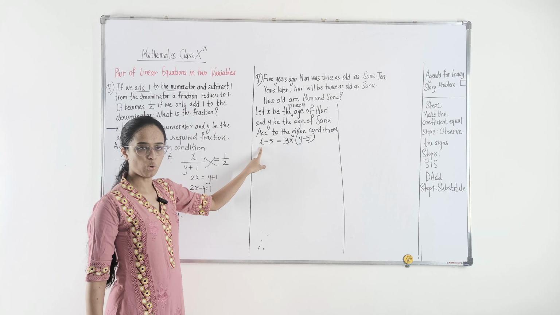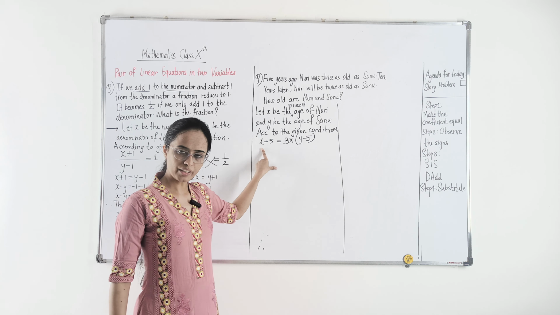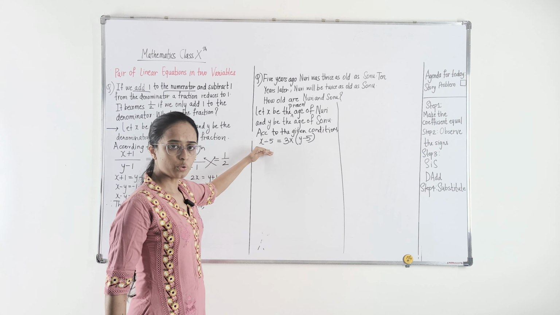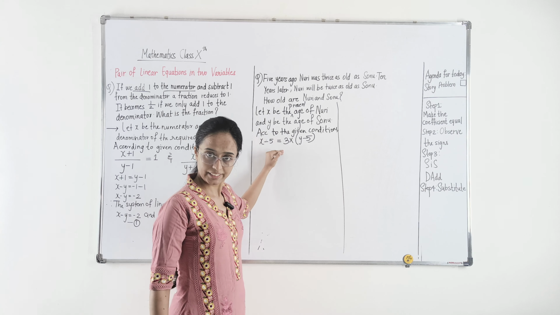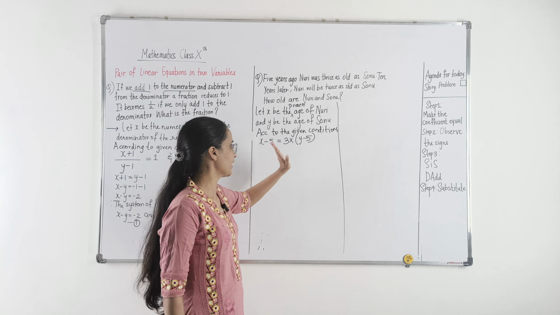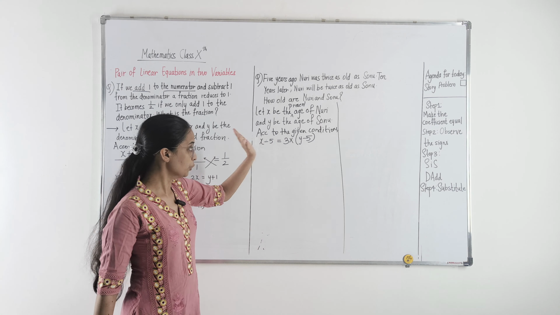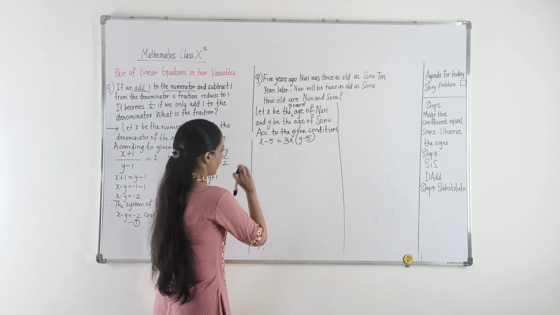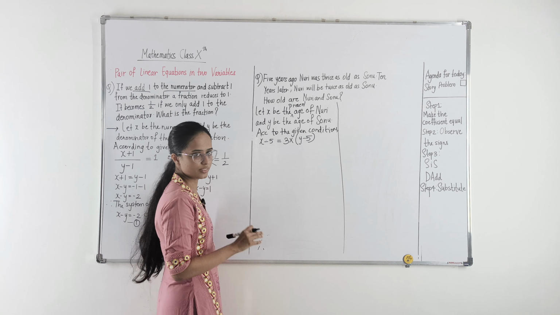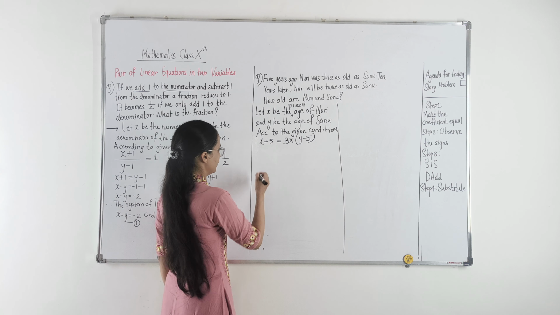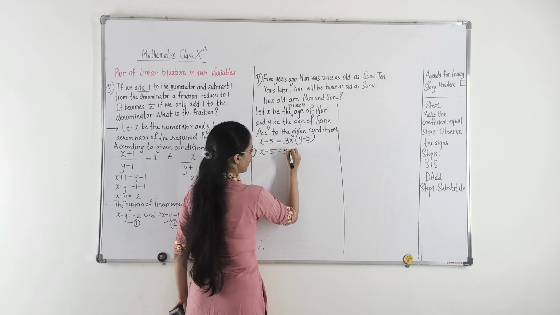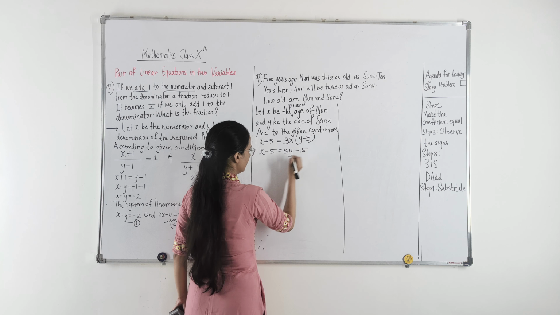Therefore 5 years ago age of Nuri would be x minus 5 according to the given condition, equal to 3 times that of Sonu's age. So now let us first simplify this and get the equation. So I would be multiplying 3 with every term, 3y minus 15.